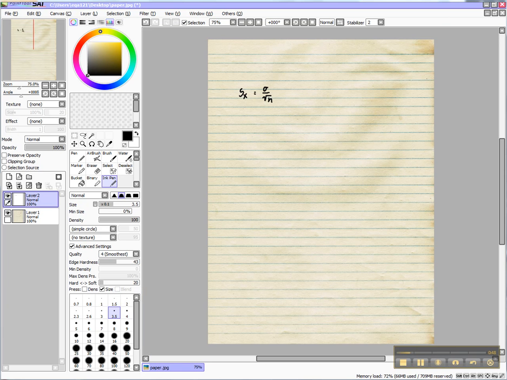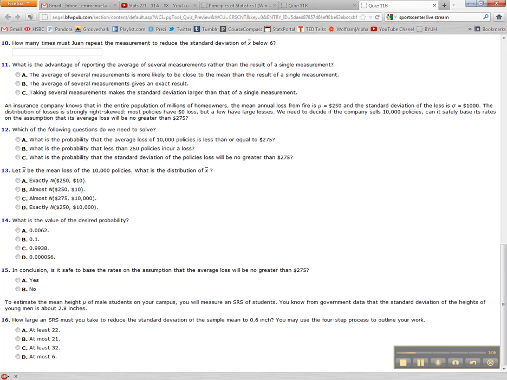All right. Remember that the standard deviation of the sample mean decreases by a factor of square root of n. So this is the formula for the standard deviation of the sampling distribution: standard deviation is equal to sigma divided by the square root of n. So we can just identify all of the information that we have. Here, 2.8 inches is the standard deviation of the population, so that's sigma.